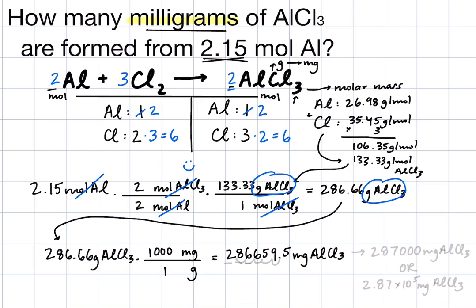And this is way more than 3, so we can either change it to our 3 significant figures and get 287,000 milligrams of aluminum chloride, or we can convert this to scientific notation to get 2.87 times 10 to the 5 milligrams of aluminum chloride.